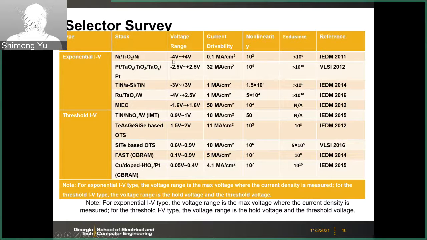They have different voltage range, current drivability, and nonlinearity ratio. And we do wish the nonlinearity ratio to be larger than like 1000, 10 to the power 3. And also endurance, how many cycles you can switch the selector. This is also important because every time when you read, you will turn on the selector. So the endurance needs to be high enough to support the read for many cycles.